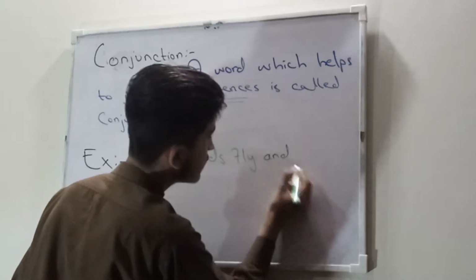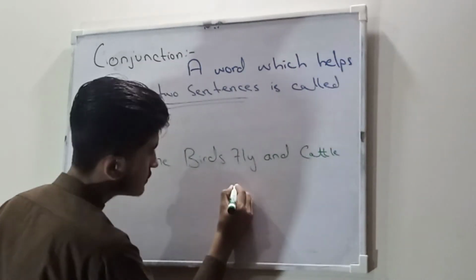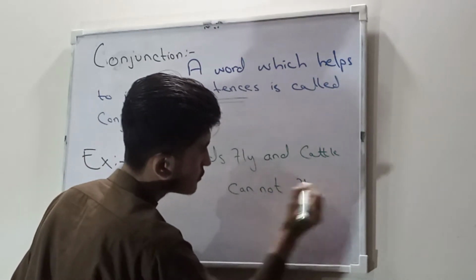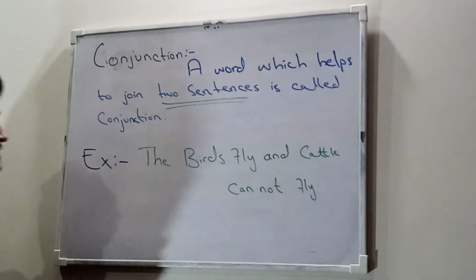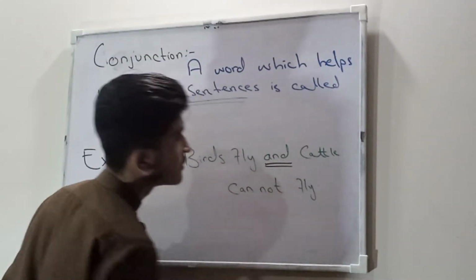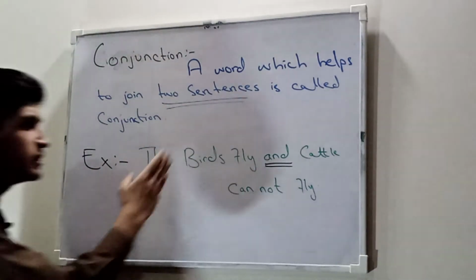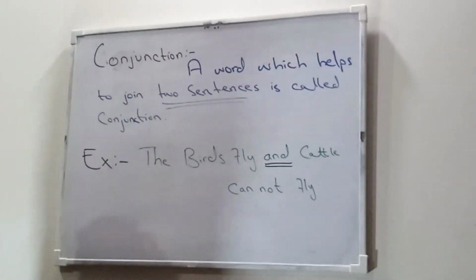I will write and cattle cannot fly. Now in this sentence you can see that 'and' is joining two sentences. The birds fly and cattle cannot fly.